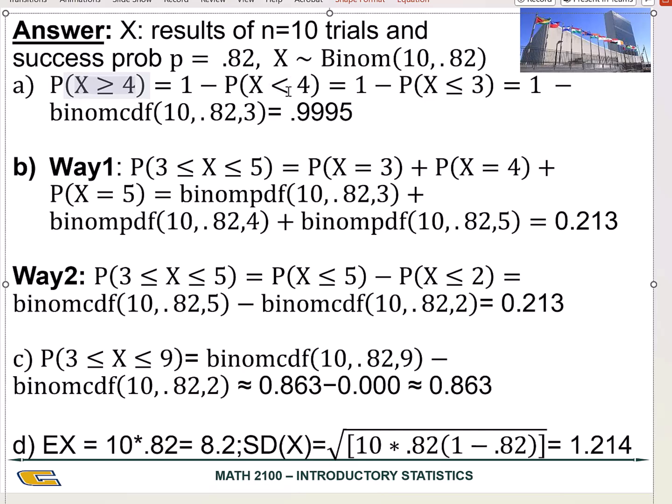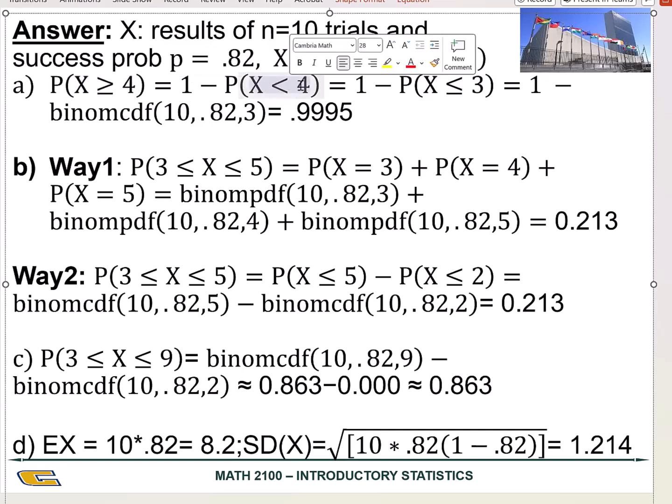So the probability X greater than or equal to 4 equals 1 minus the probability X less than 4. This is the complement rule we learned in chapter 3. These two events are opposite; they complement each other and make up the whole sample space.